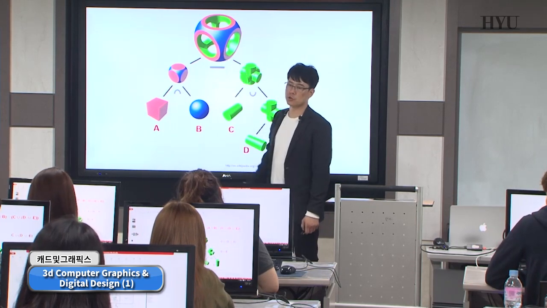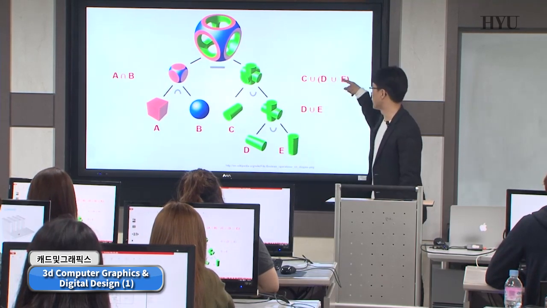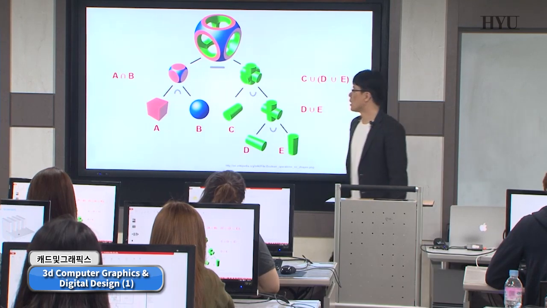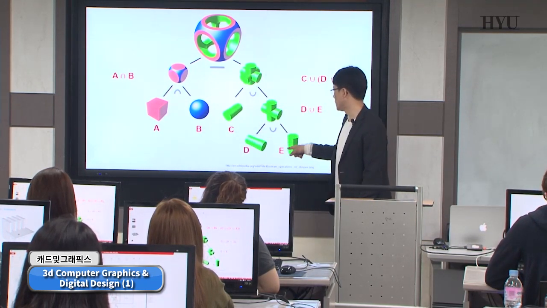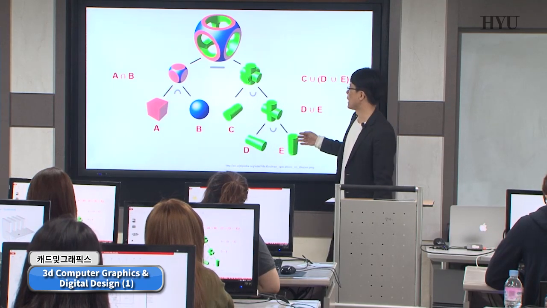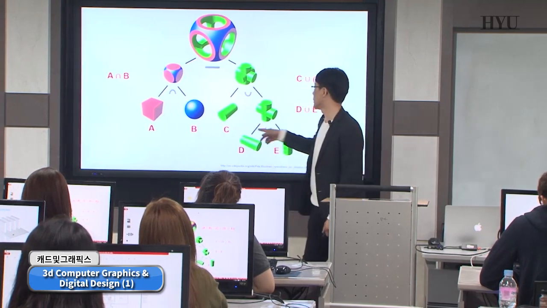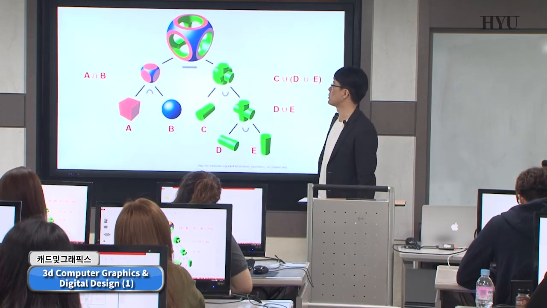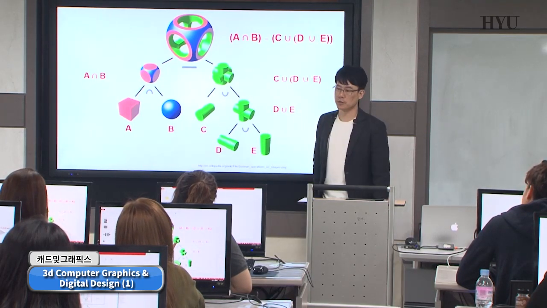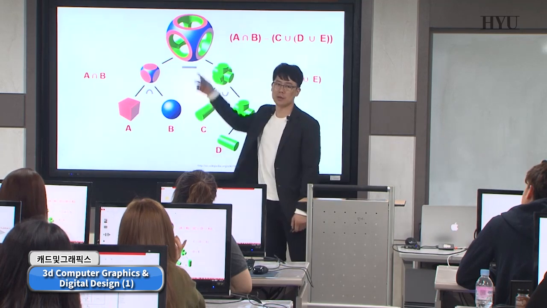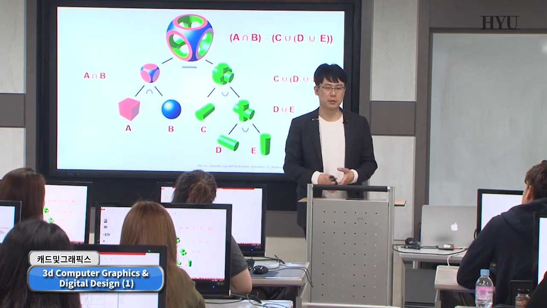At the end, the shape. Take a look at the operation representation. We put names A, B, C, D, E here, and then operations can be represented like this. At the end, this is the final operation for making this object. So this is Boolean operation.